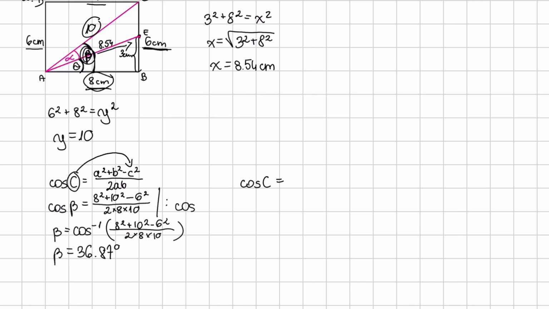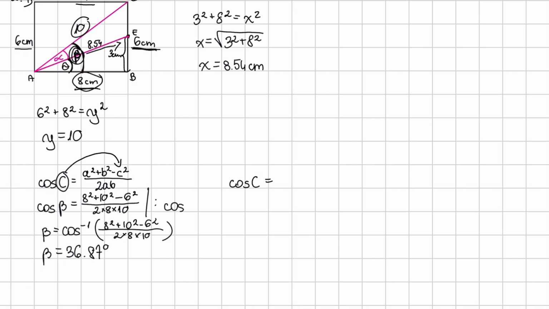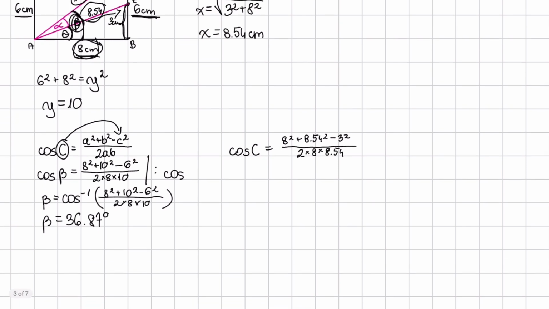So in here we have 8 squared plus 8.54 squared, and of course minus 3 squared, because here we have opposite 3 centimeters as for this smaller triangle, over 2 times 8 and times 8.54, and we can calculate it in solver or in run mathematics as you like.